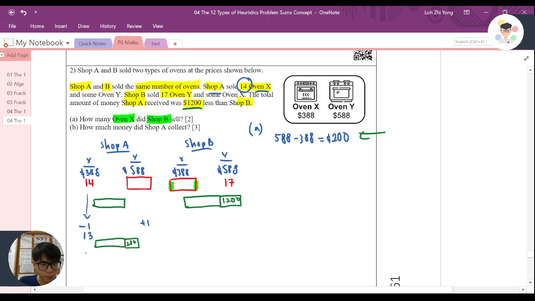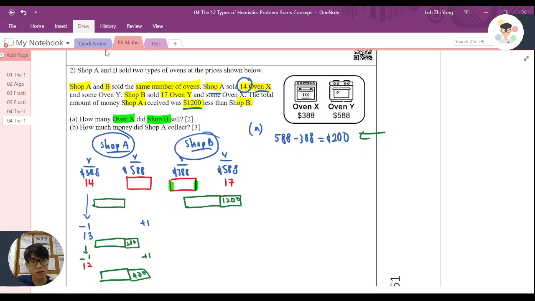Let's try one more time. If I minus one more, now it becomes 12 oven X only, and I add one more Y. You notice the price increases by another 200, so now it will be 400, because I have more Y now than X. Since A and B have the same number of ovens, our target is to keep minusing until we reach the target that shop B has.